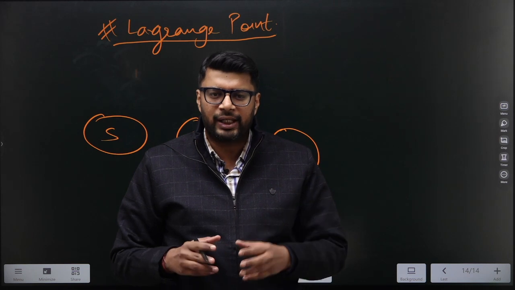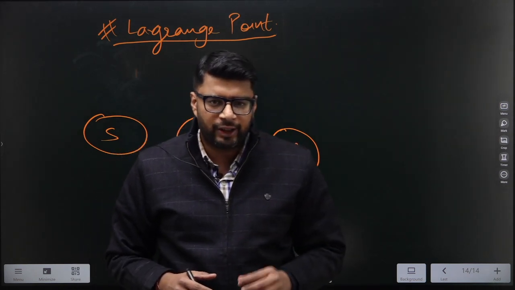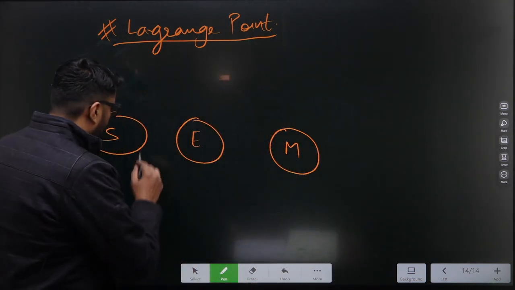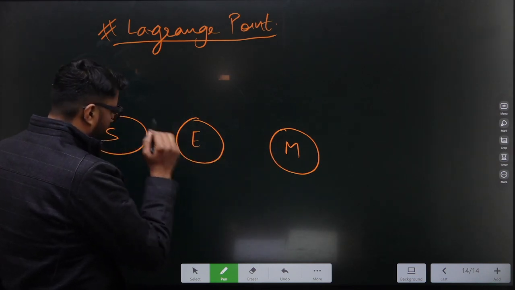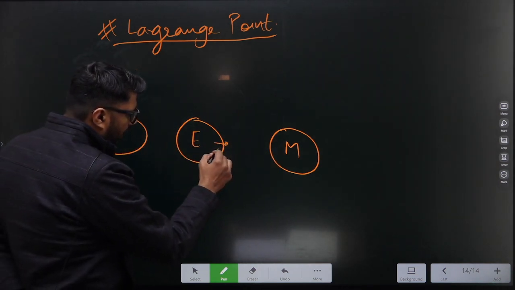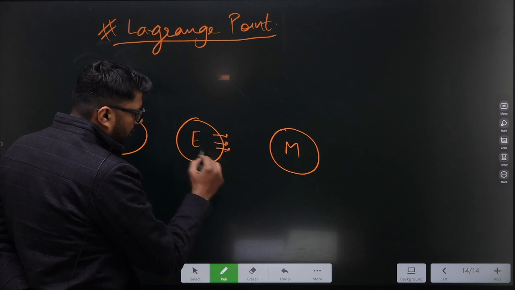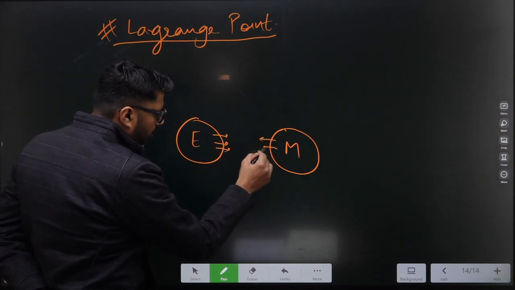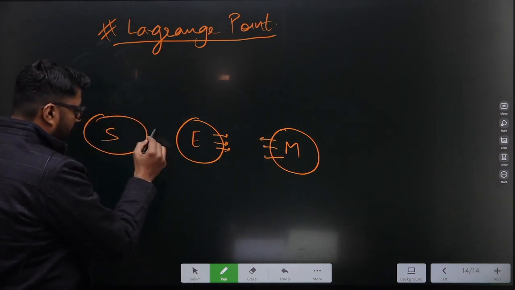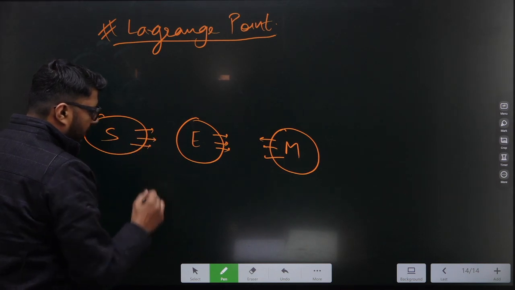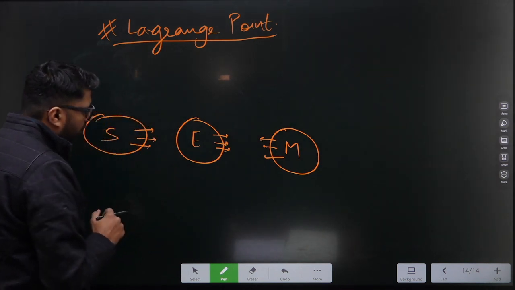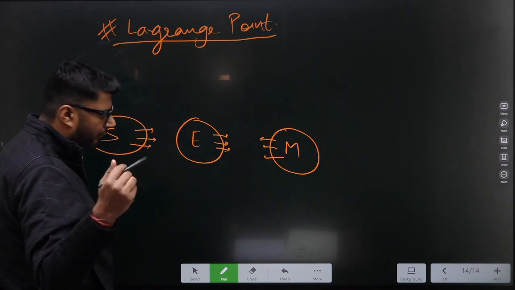This is very technical, so I can simplify it for you. That is Earth, Moon, Sun. Each has its own gravitational pull, meaning they pull each other because of gravity.